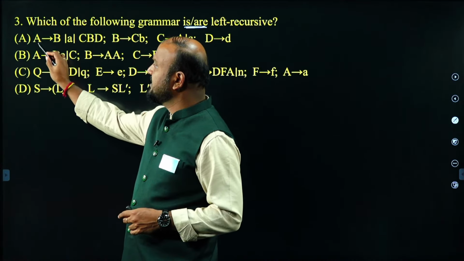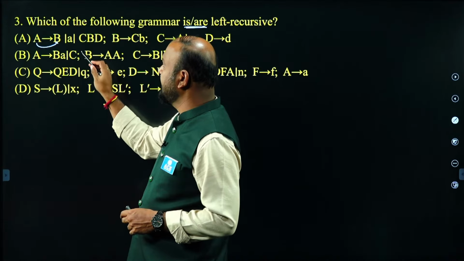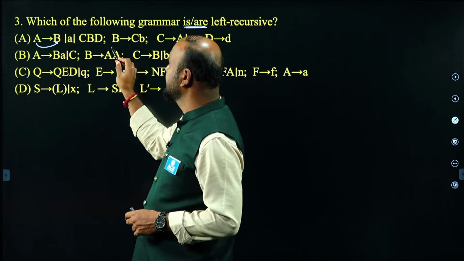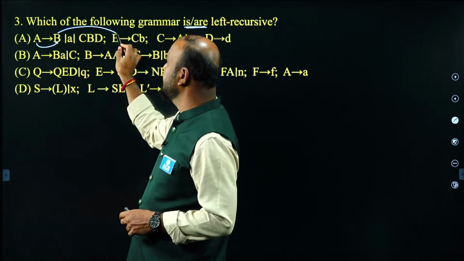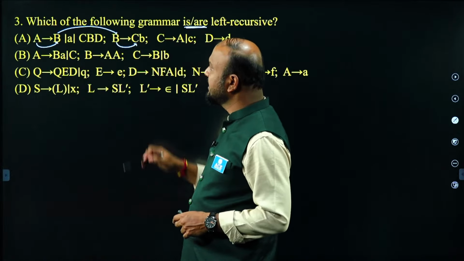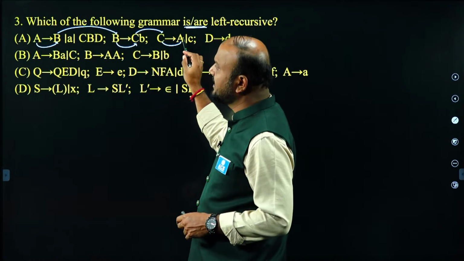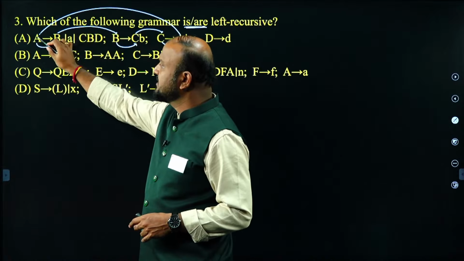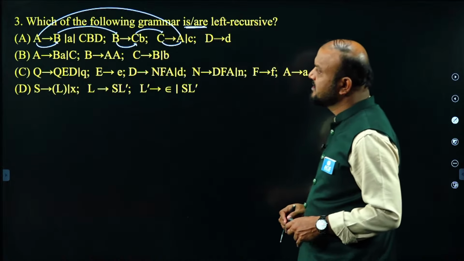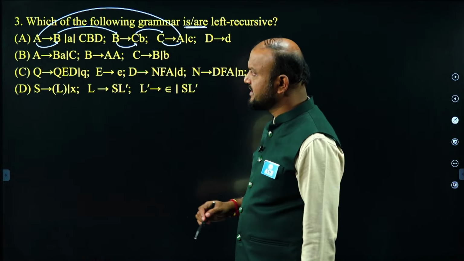A is deriving B, or A or CBD, and see this B is deriving C, and look at this C is deriving A, again this A is deriving A. So A deriving B means we have recursion in this one.